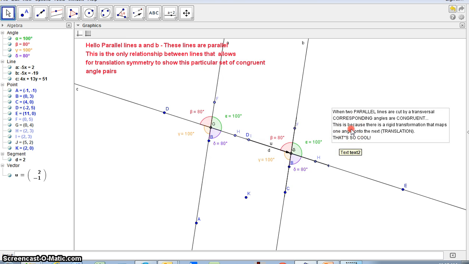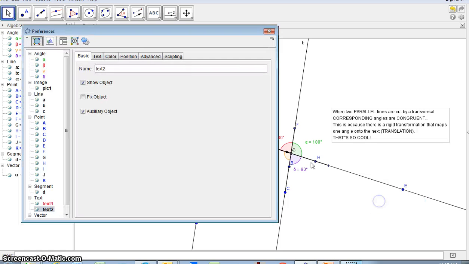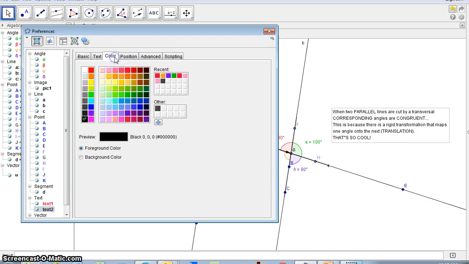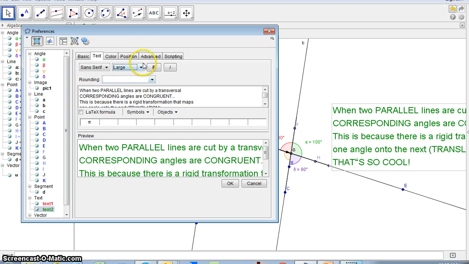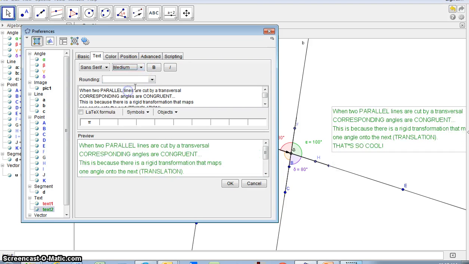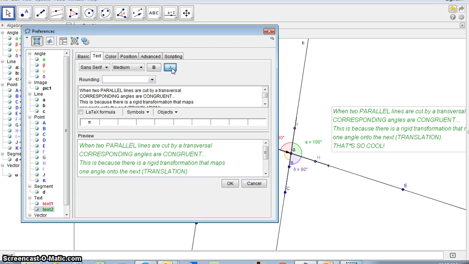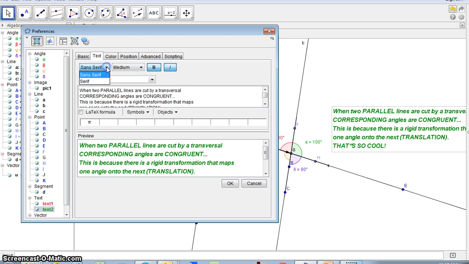It's so cool that it deserves a better color. It deserves a larger text. Okay, that's maybe too large. Ooh, it deserves italicizing. It deserves bolding.